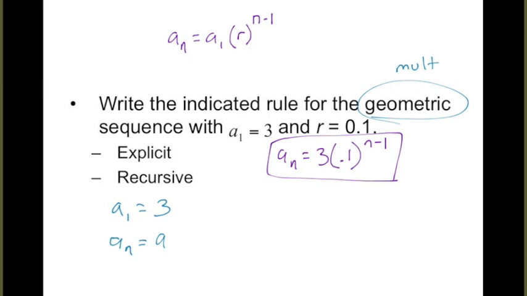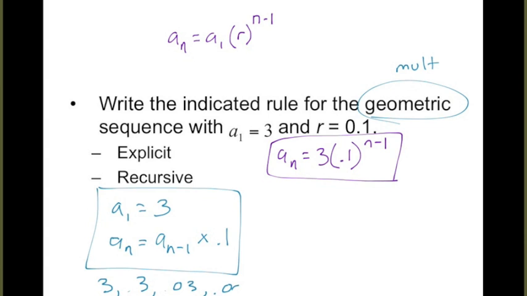So it's taking our last answer, and it's multiplying it by 0.1. So for this one, we would have 3, 0.3, 0.03, 0.003, etc., creating our sequence of terms where we start at 3 and then keep on multiplying by 0.1 as we move through the steps.